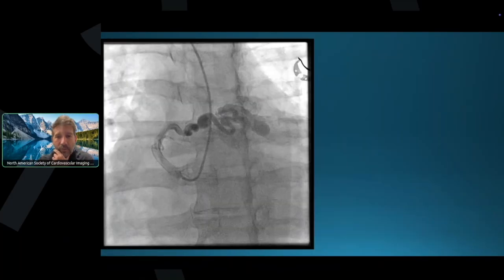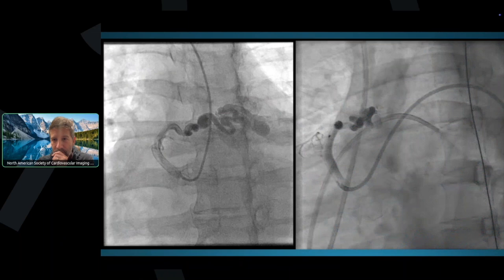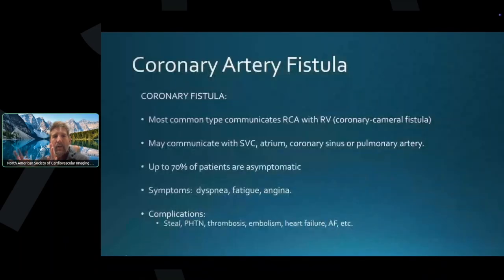So here's an angiogram showing exactly those dilated and tortuous vessels there. And you can see there's a little bit of blush of contrast in the pulmonary artery here. So coronary fistulas, most commonly, will communicate the right coronary artery with the RV, according to the literature.